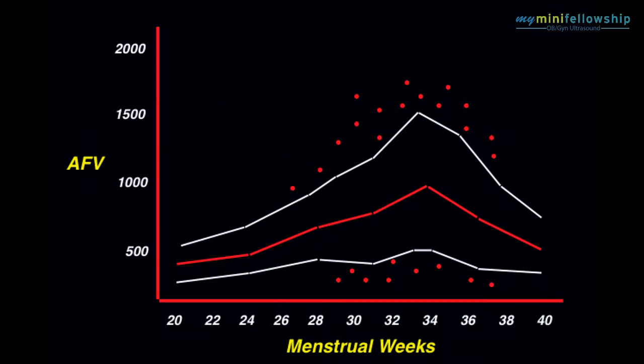So I've graphed this out here so you can see how fluid is going to increase to about 1,000 cc's and then begin to decrease somewhere around the 34th week of pregnancy. And if it gets to be over 1,500 cc's or under 200 cc's, then it's going to be oligohydramnios or polyhydramnios.